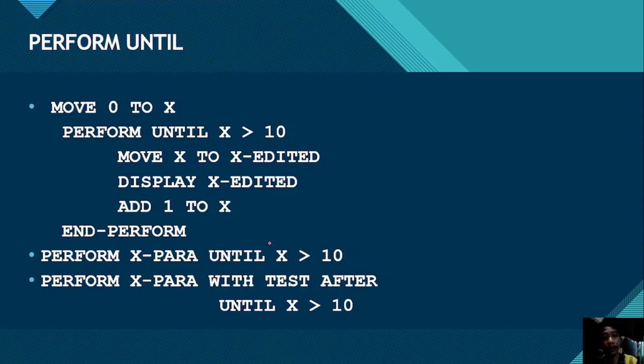So perform until, just like for example, move 0 to x. So our value of x is 0. Until x is greater than 10, it would perform this block of code.